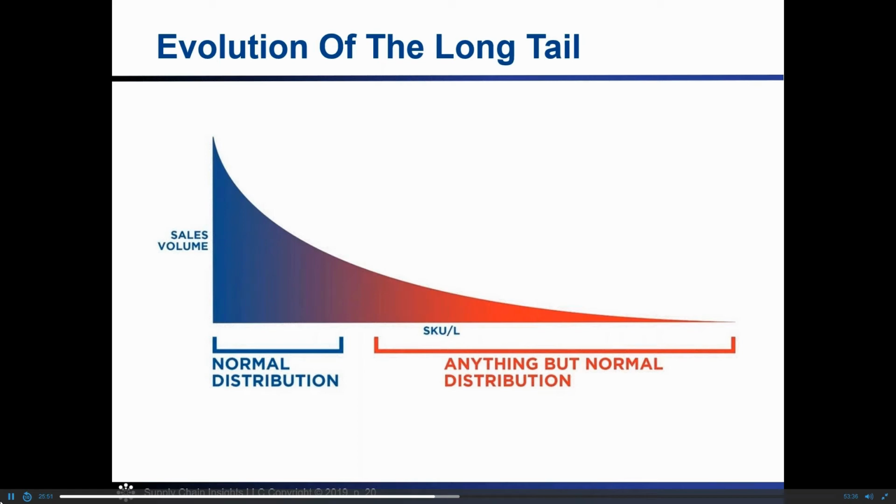Also, the error in the long tail can have big impacts if we don't recognize the nature of the river for the long tail versus the river for high volume products. The long tail demand tends to be very intermittent, very unpredictable. We will never manage replenishment by just pumping a finished good into DRP.